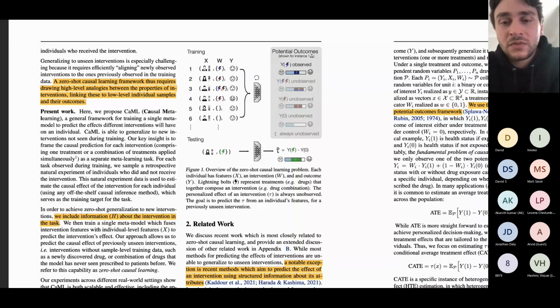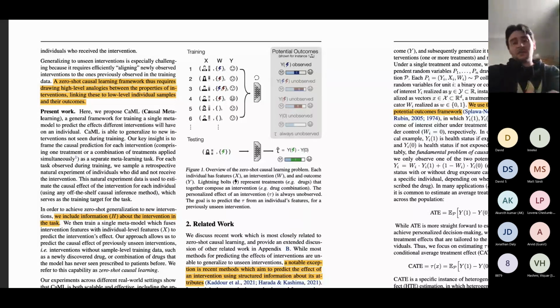And then you have W, which is the treatment, the intervention, the change to the system. So that can be like you introduce a drug, or you change the diet of the person, or something else that would affect their health. And then Y is the impact of that intervention on that person.